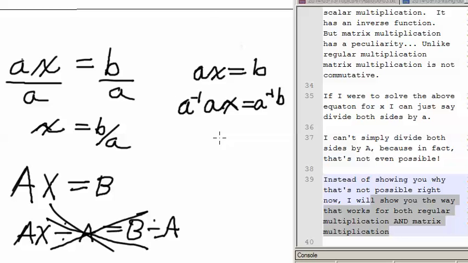Now a inverse times a is 1. So 1x equals 1 over a times b. So this will work with matrix multiplications. I can say x equals a inverse times b. So if I can find the inverse matrix of something, then I can find out what the solution is.